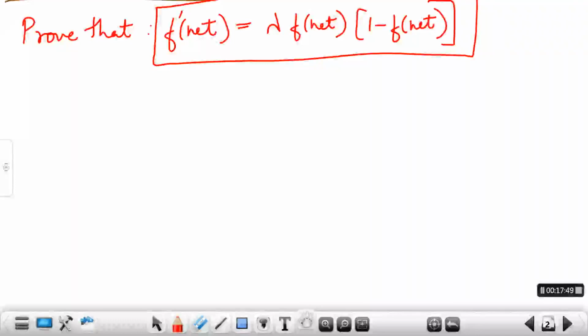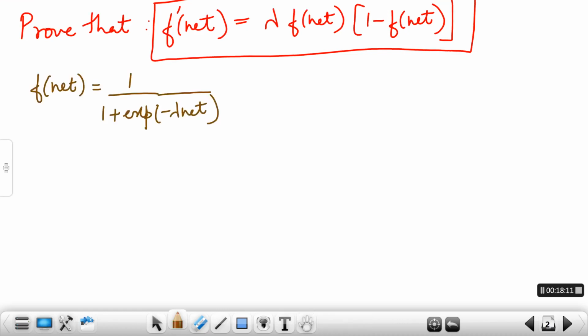We have to prove that f dash of net is equal to lambda f of net into 1 minus f of net. We already know f dash of net. So first we shall write the equation of f dash of net, and then find the right hand side. So f of net is 1 upon 1 plus exponential of minus lambda net.